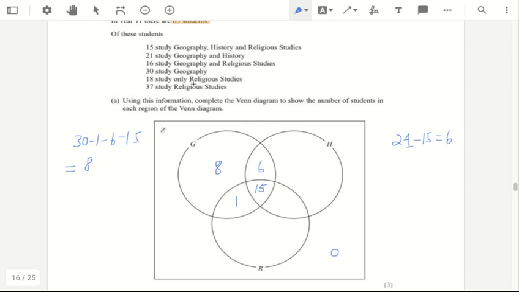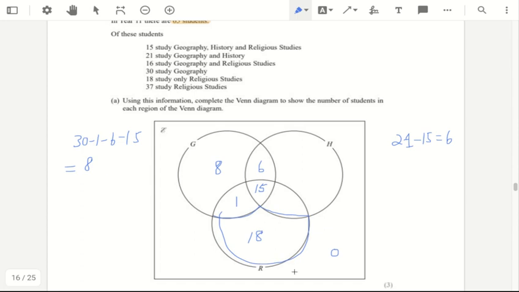Next. 18 study only religious study. So 18 only religious, they don't do anything else, so it should be in here. Then 37 study religious study.